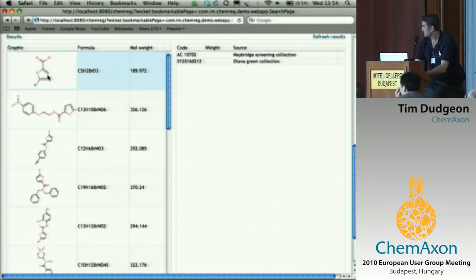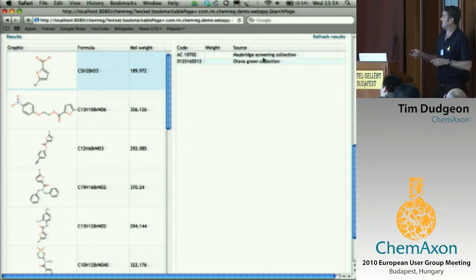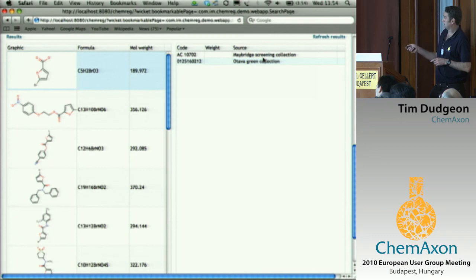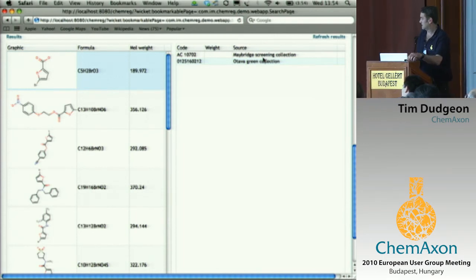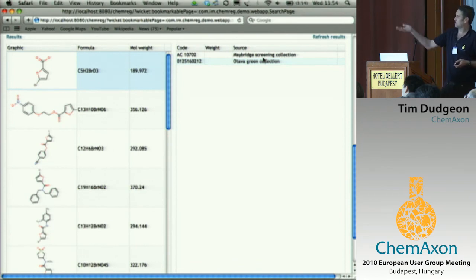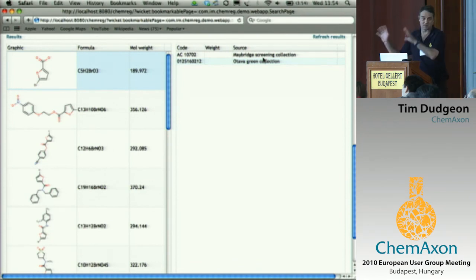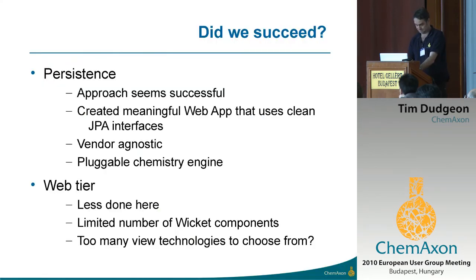So here are our results. Click on the structure, and you see the suppliers that supply that compound. This particular compound's available from Atava and from Maybridge. There are about 250,000 structures in this system. So a very quick demo just to prove that it does work, and this uses the approach that I've described.